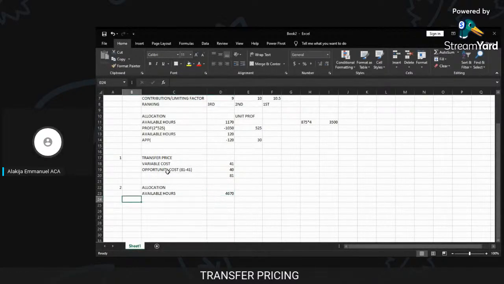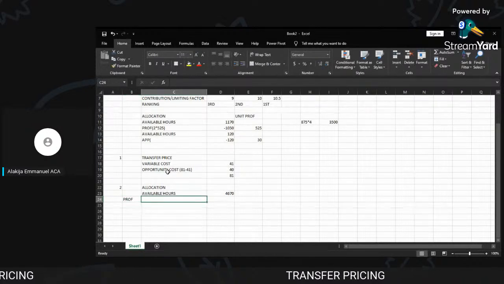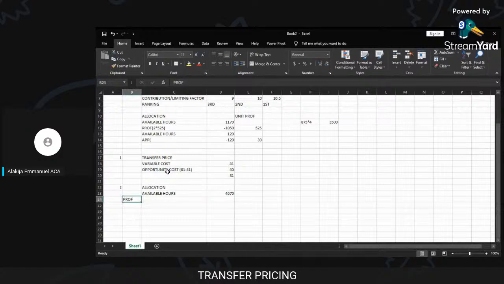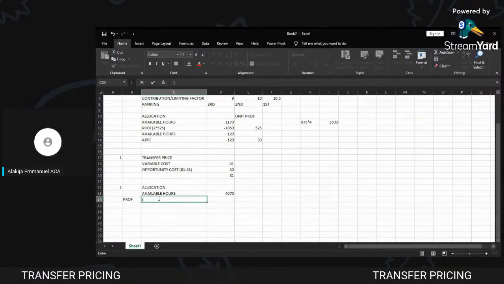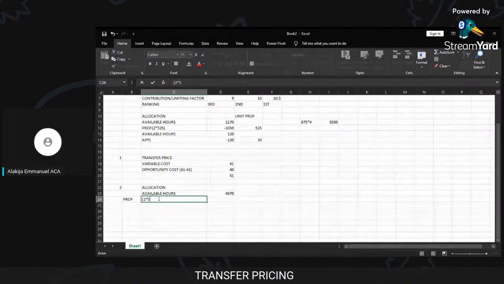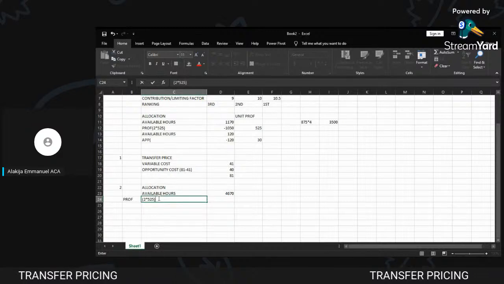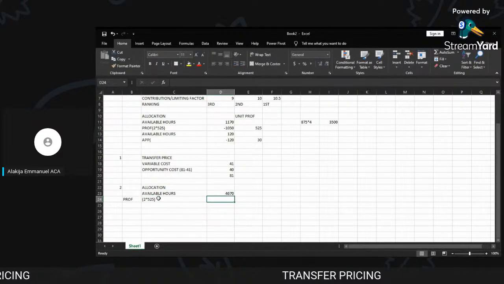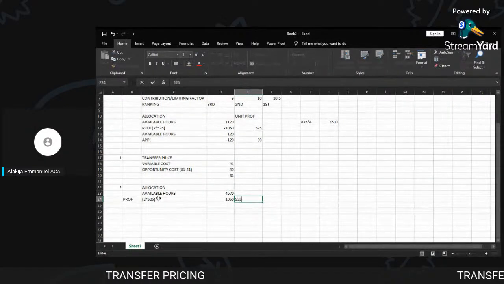The first product we have to consider is professional. Professional is going to be 2 times 525, that's 1,050. Units produced is 525.